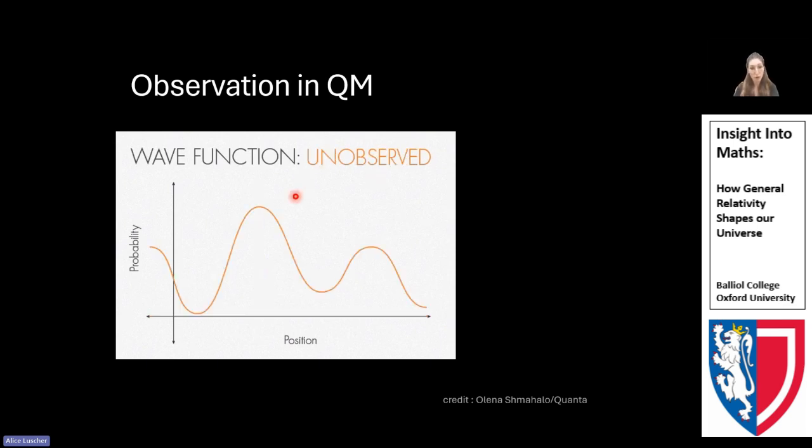So the way I can think about it is that before observing, the electron has a certain probability of being at any position in space, passing through both of the slits, behaving like this wave. But then once I observe the electron, it actually picks a slit.